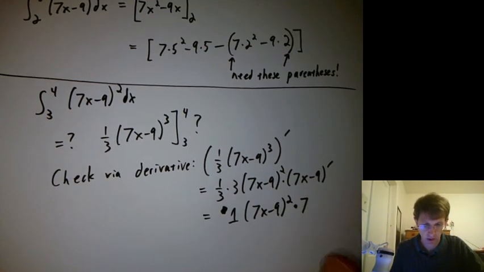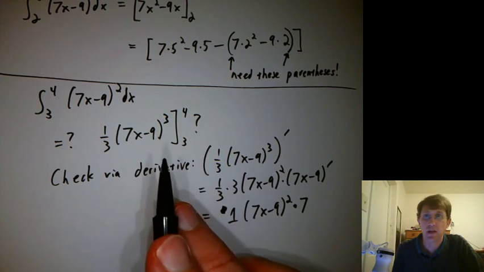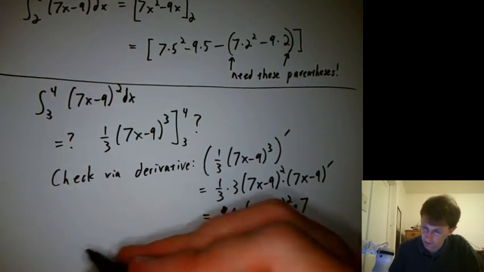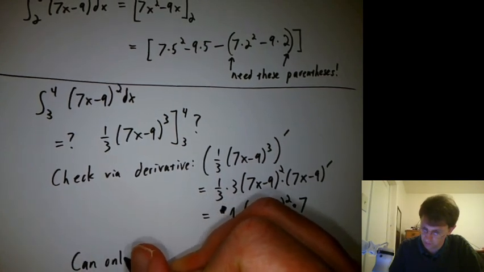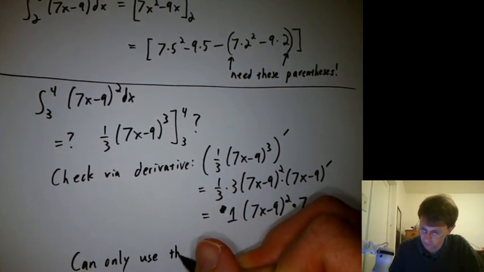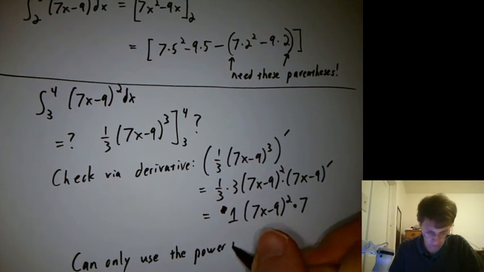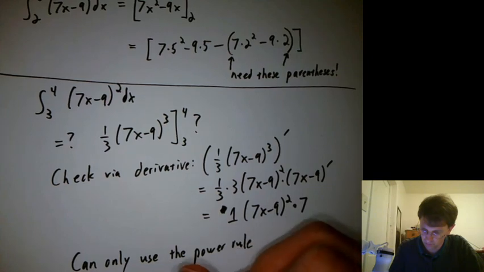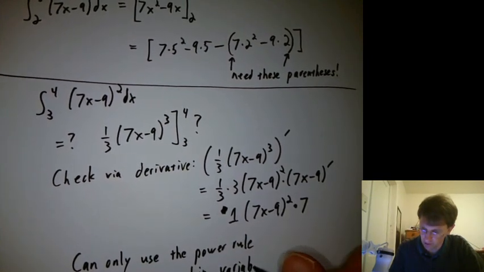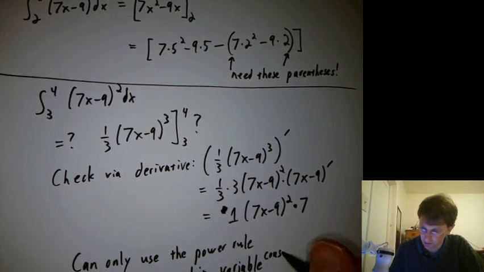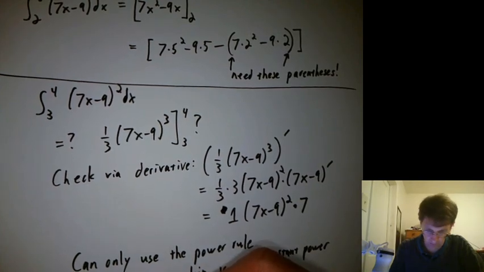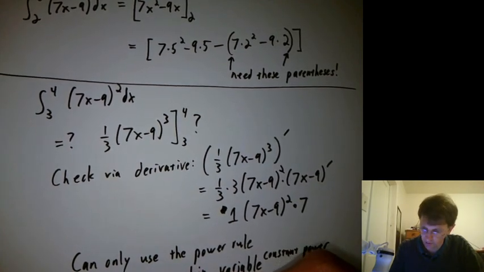So you can only use the power rule when you have just a plain x or t or theta or something to a power, not a function of x or t or theta. So when it's a plain variable to a constant power, not a function of a variable.